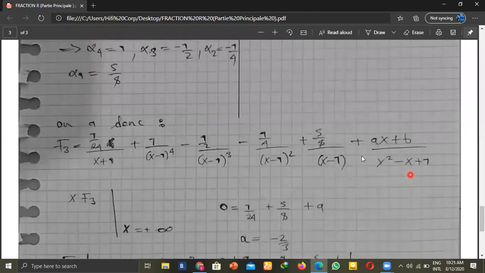You just say, first of all, there's the formula that you can use. If you already have all these, just multiply x throughout. And when you multiply x throughout, you say your x is going to positive infinity. This is a formula, you have to know it by heart. So when you multiply x throughout, you say our x is going to positive infinity.